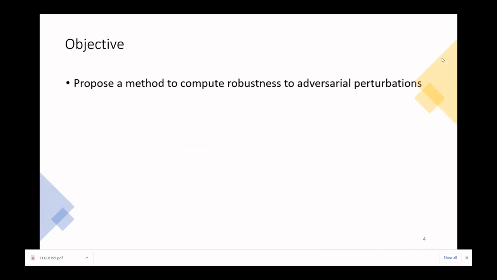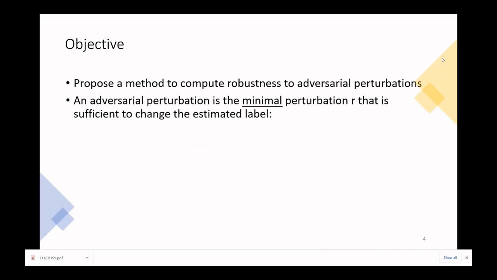All right, so about the objectives of the paper, it's actually to propose a method to compute robustness to adversarial perturbations. It defines adversarial perturbation as the minimal perturbation that's sufficient to change the estimated label of a classifier.